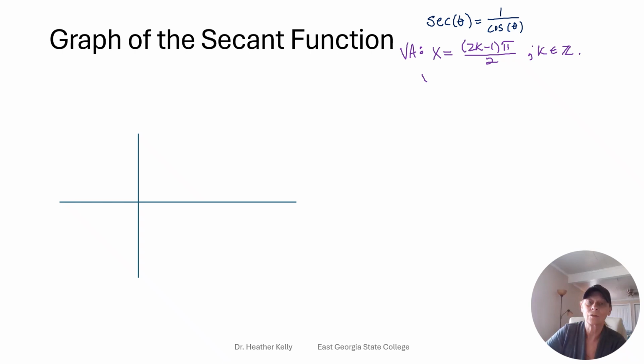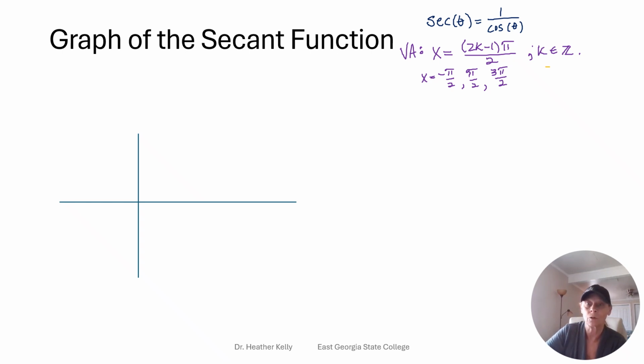Okay, and so that's going to tell us that we're going to have, in this case, I'm going to start with negative pi over 2. Then we've got pi over 2. And what would be the next one? 3 pi over 2. We're going to have a full period. So let's check. Why do I need 3 there?